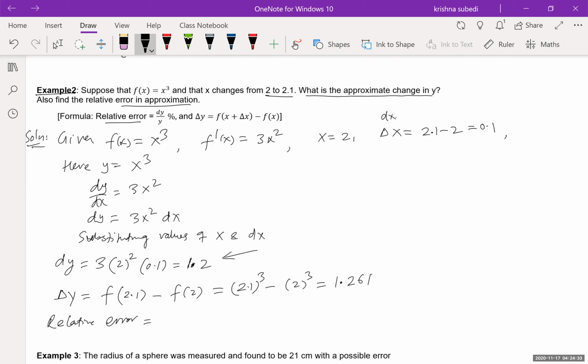We want to find the error, and generally error is represented as a percentage. So relative error is dy over y in percentage, or you can write delta y over y, or dy over y if you like.